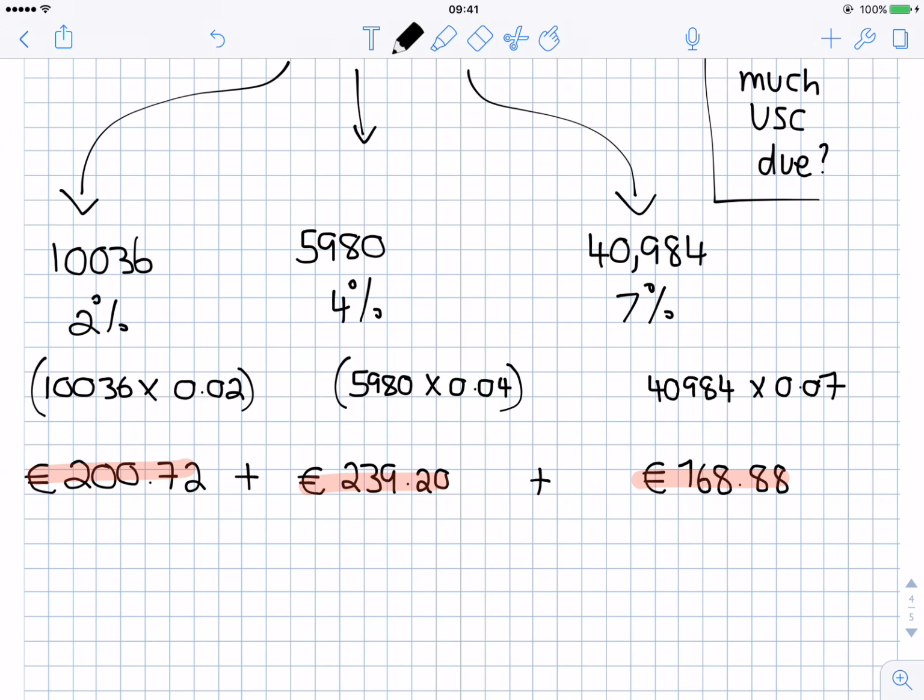So she is going to have a total USC bill of €1,208.80. So that's her universal social charge. That's how much she has to pay. Universal social charge is just like another tax. It's to pay for different things as well.